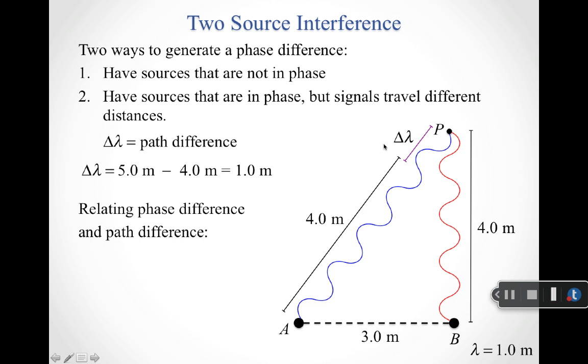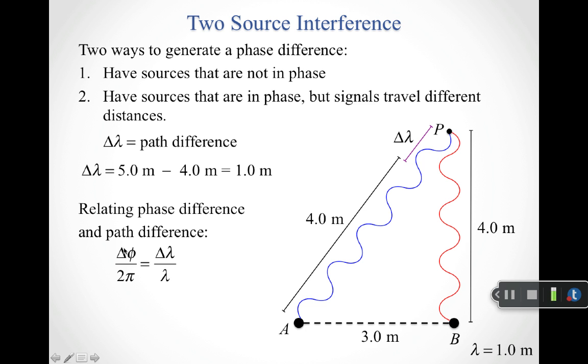So in this case, for our example, this path difference is just going to be 5 meters minus 4 meters, which is 1 meter. So the blue wave coming from source A traveled 1 meter more. Well, if I want to relate that to the phase difference, which is basically going to help me think about whether my waves are adding up constructively or destructively, this is the expression that I'm going to use to do it. So you notice that basically the phase difference over 2 pi is equal to the path difference over lambda.